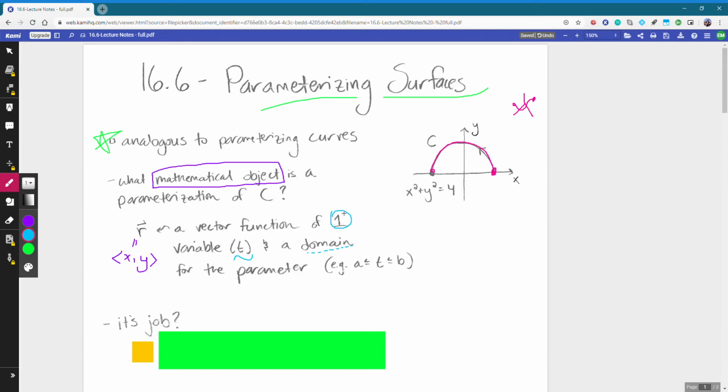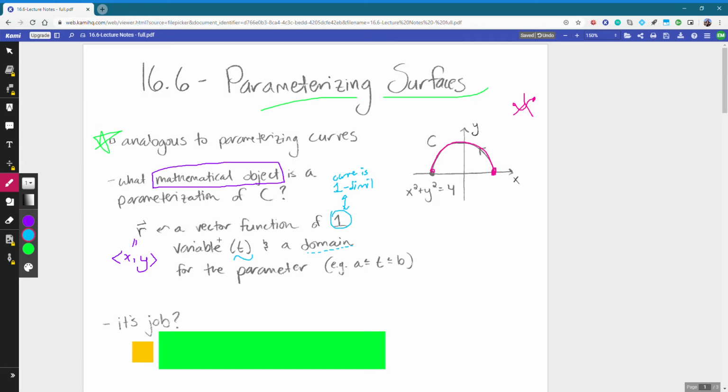And by the way, this one variable that we use to parameterize our curve comes directly from the fact that our curve is one-dimensional.